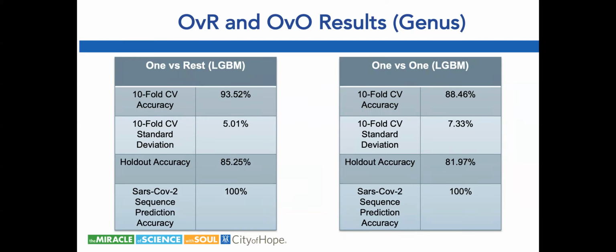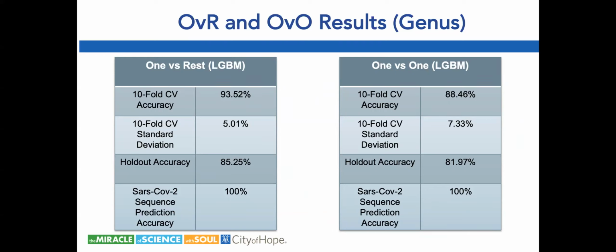We also get a standard deviation which is slightly above 5% across all the folds. And on the testing set, which is called the holdout in this case, the testing set for that particular experiment in PyCaret, where we did 70% for training and 30% for testing, that 30% testing accuracy is actually 85.25%.